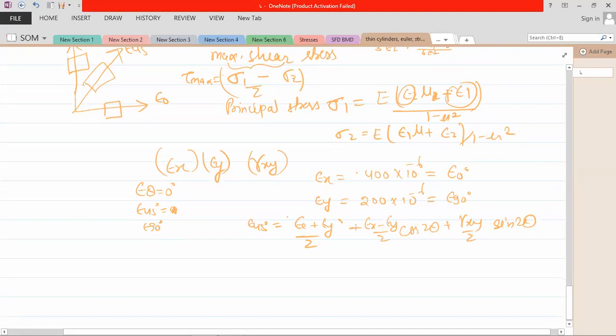So theta is equal to 45, and if you put 2 theta, then cos 2 theta would be 0.